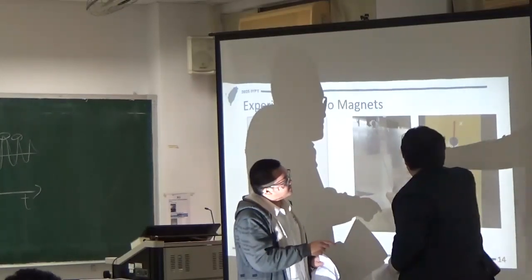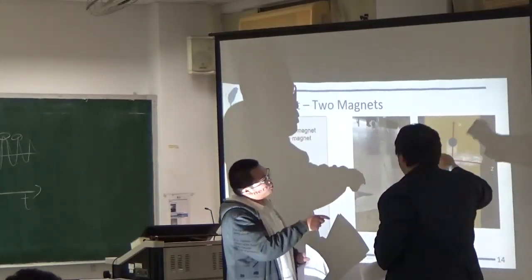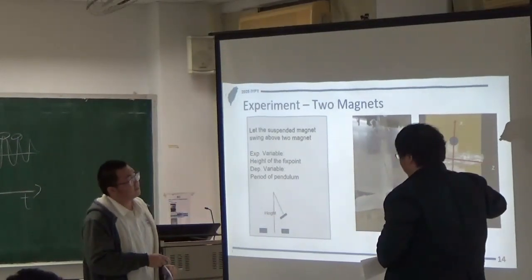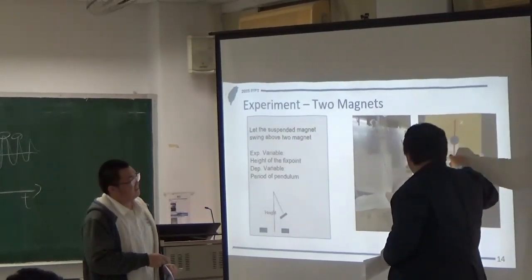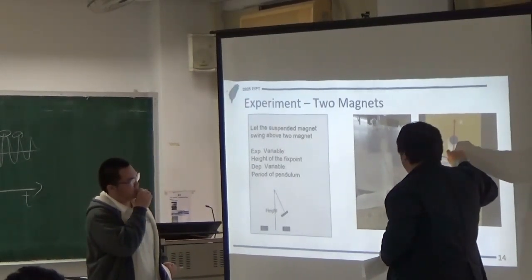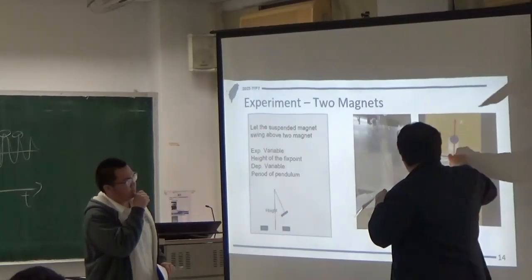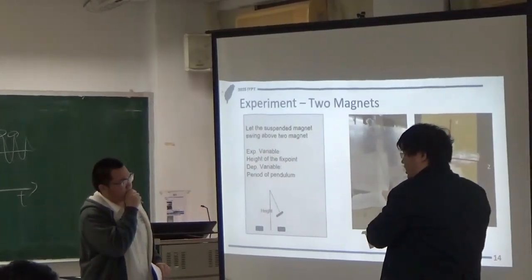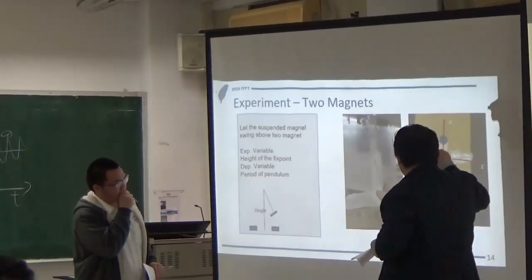You mean why it's twisted? That may be the error of the experiment, but we just care about the point of our string that is fixed in this point.